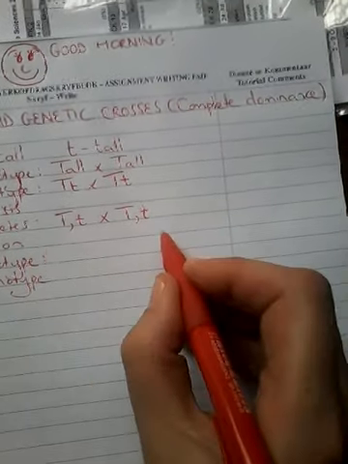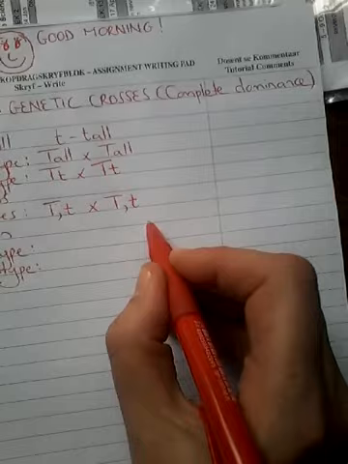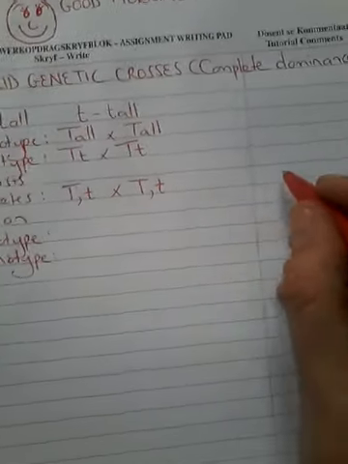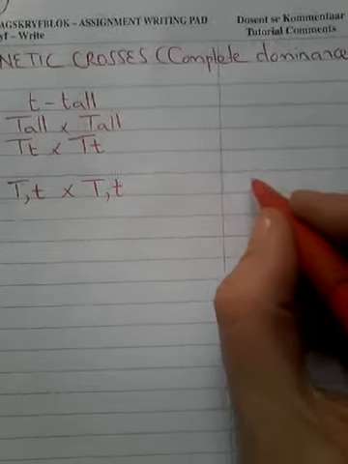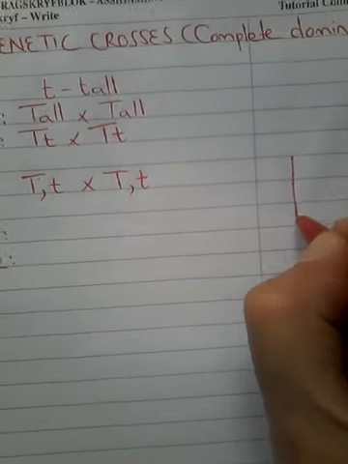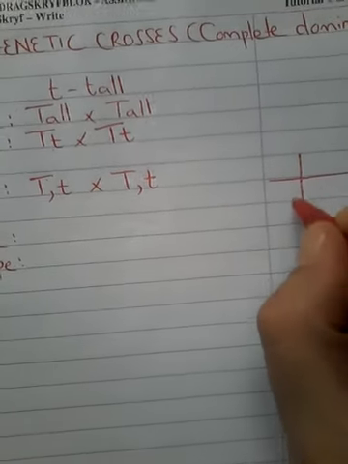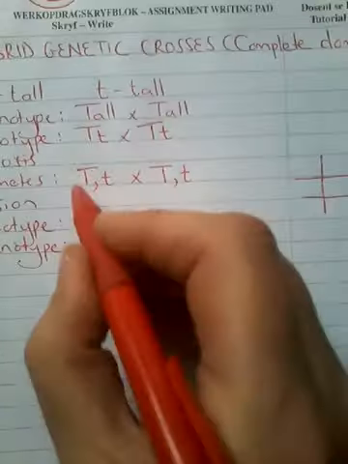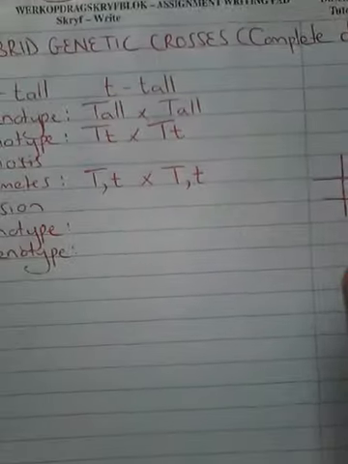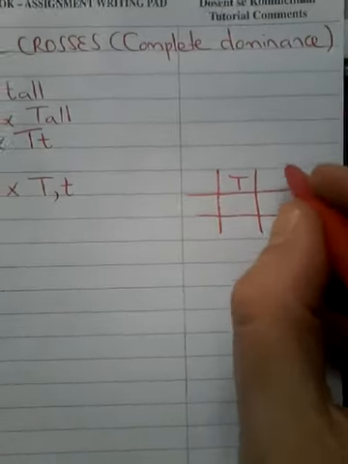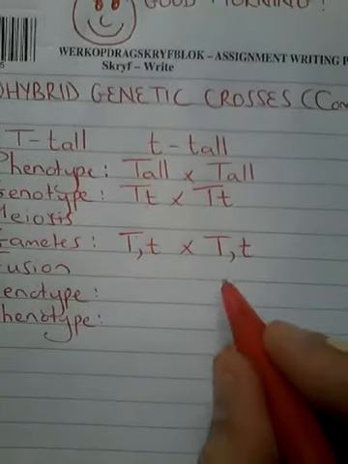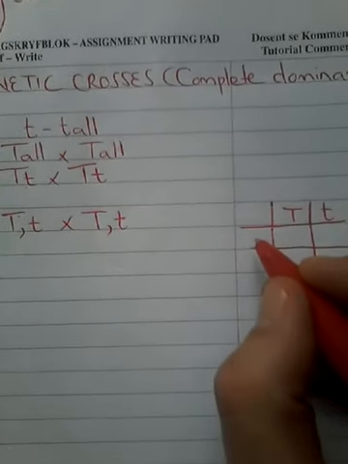They will fuse in fertilization, and we then need to do a Punnett square to show the crossing. We will take this first one and put it on the top here, and the second one, we will put it at the bottom.